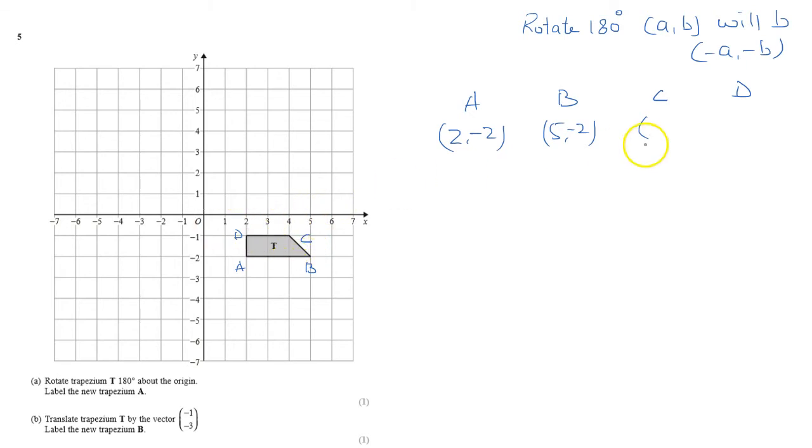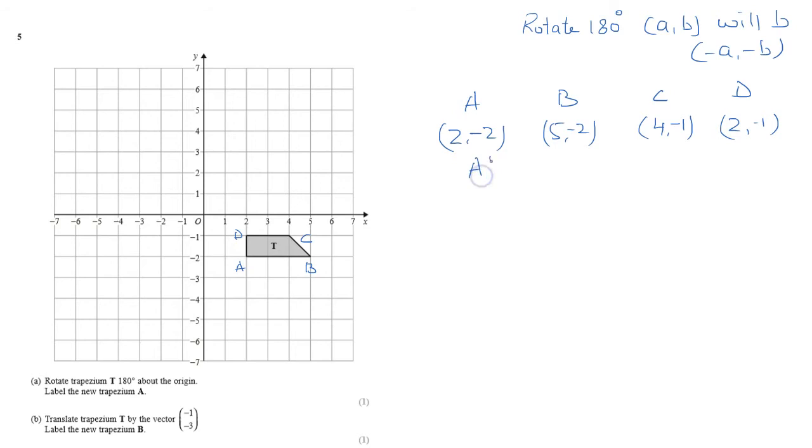C is (4, -1) and D will be (2, -1). So these are the coordinates of the original figure. Now if we rotate it 180 degrees, we multiply x and y coordinates both by -1, which means change the sign.